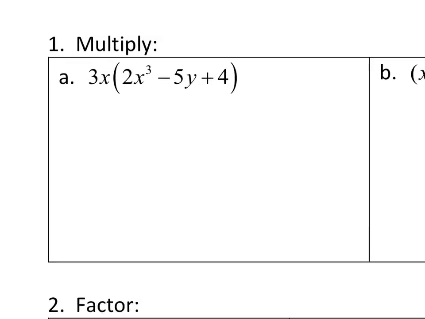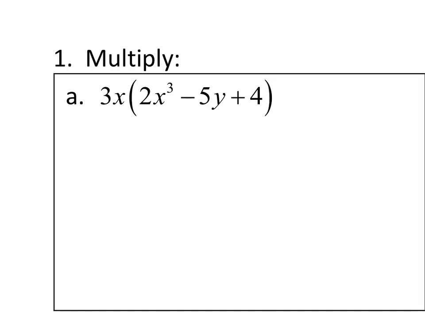So for example, if you have a monomial outside of parentheses and a polynomial inside the parentheses, and monomial, by the way, means that you have just one term, so the 3x would be your monomial. And terms are separated by a plus or minus sign, so inside the parentheses you've got 3 terms.